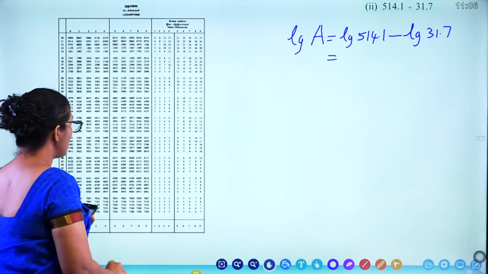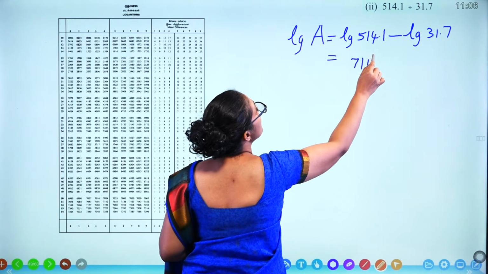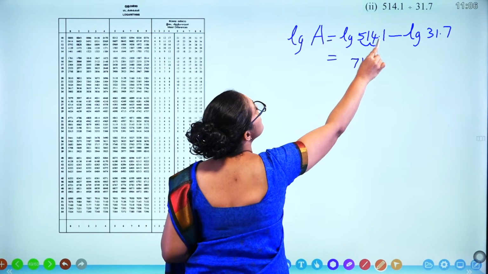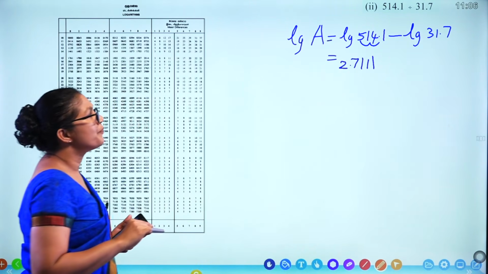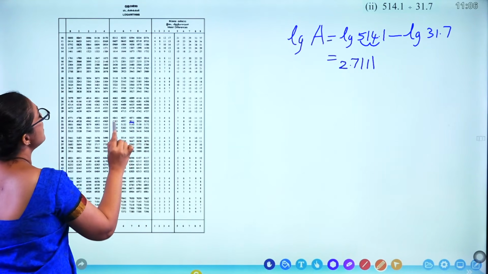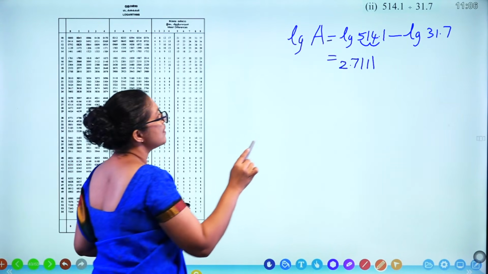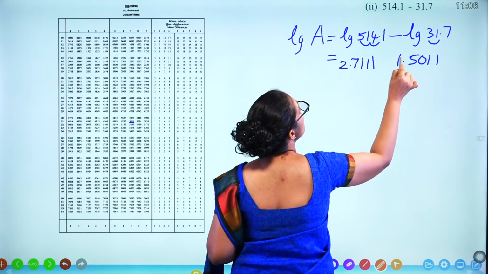So 7111. This is 2 places to the right, so the characteristic is 2. 31, 7 is here, 5011. The characteristic is 1.